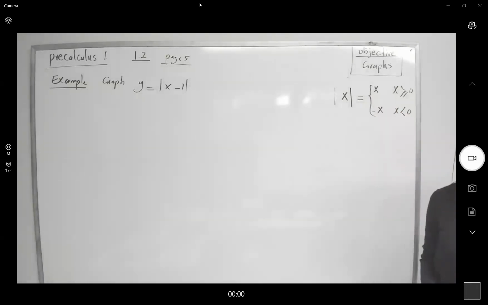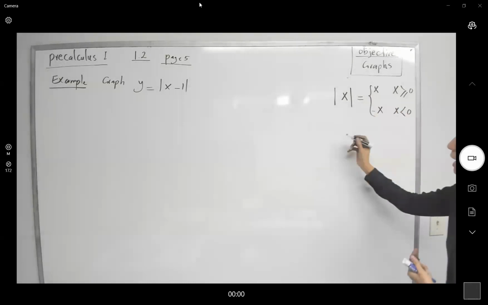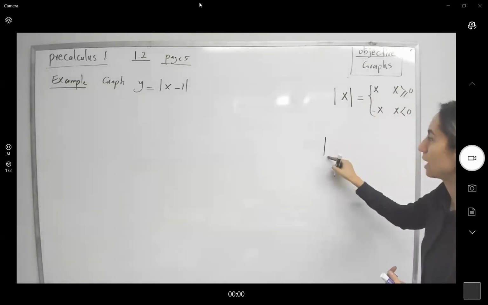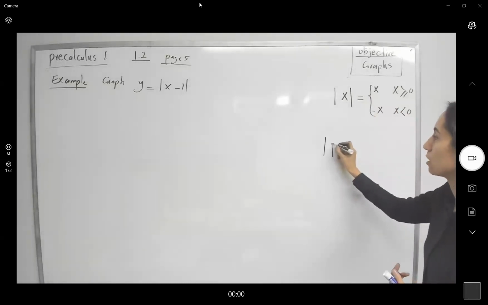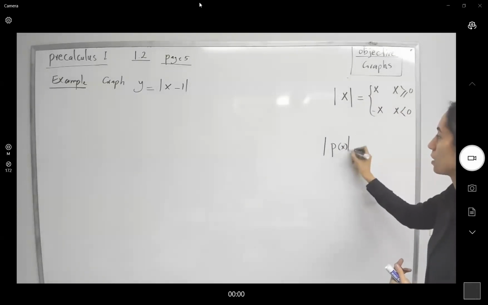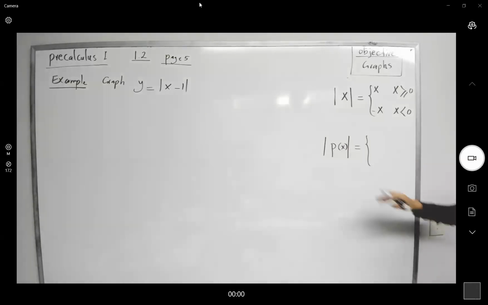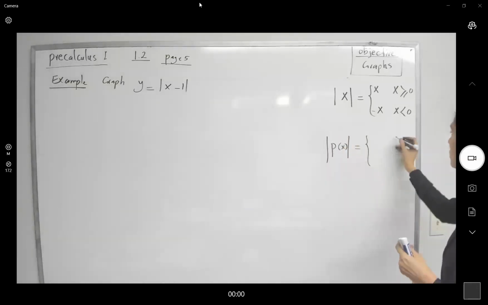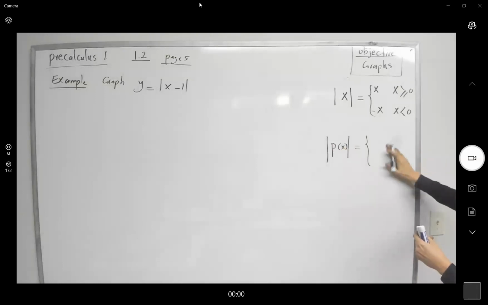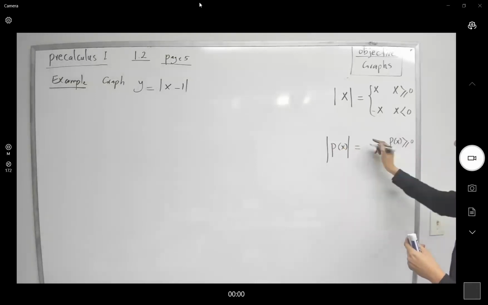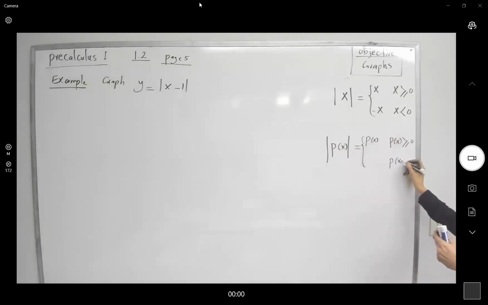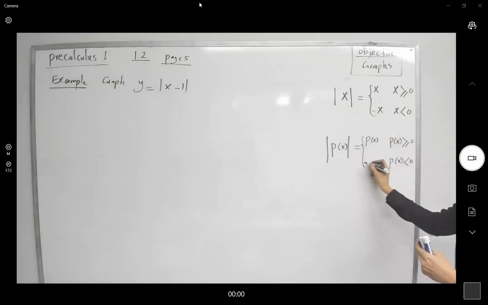So in general, you can define your absolute value function this way. You can say that the absolute value of a quantity like p of x is defined this way. If that quantity is larger than or equal to 0, I get that quantity back, whatever it is. If that quantity is less than 0, I get minus times that quantity.